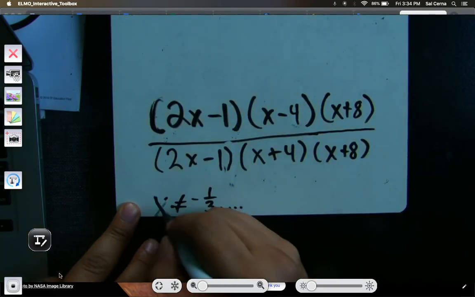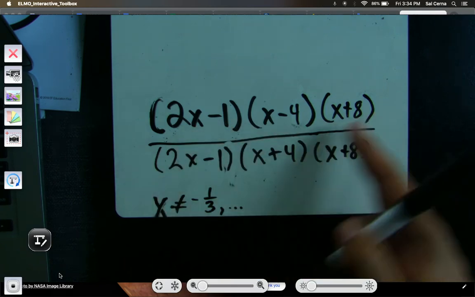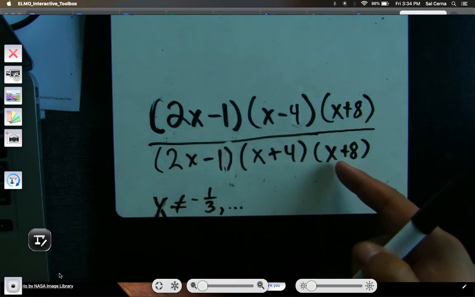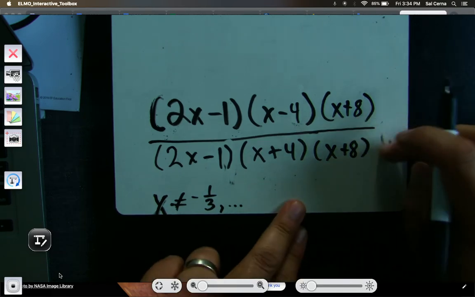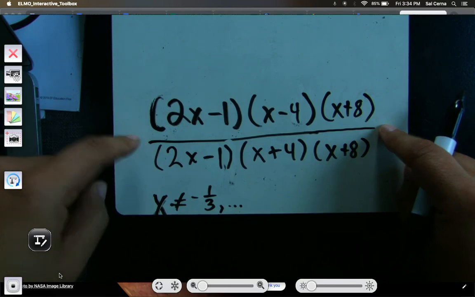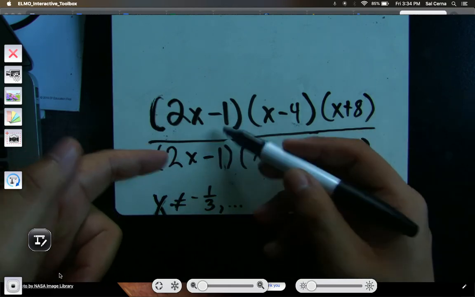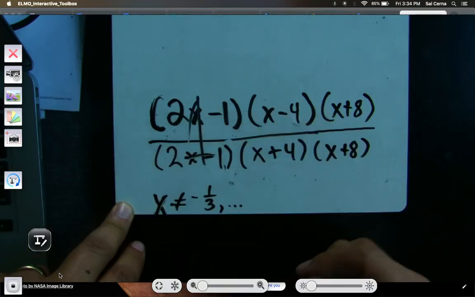Okay, can I simplify any further? Well, I multiplied numerator times numerator, and I got this, and then I multiplied denominator times denominator. And don't forget that we are still dividing. Okay, still dividing.